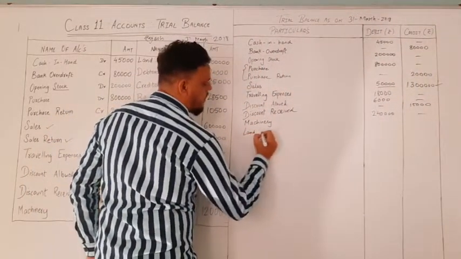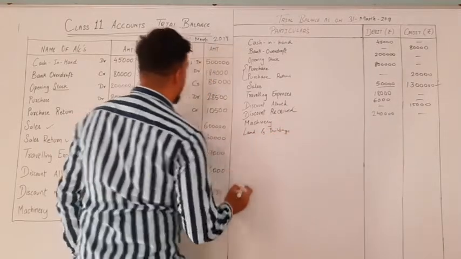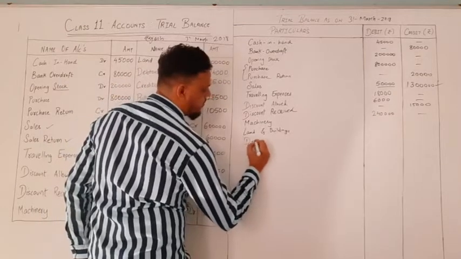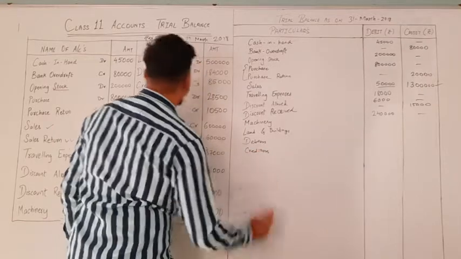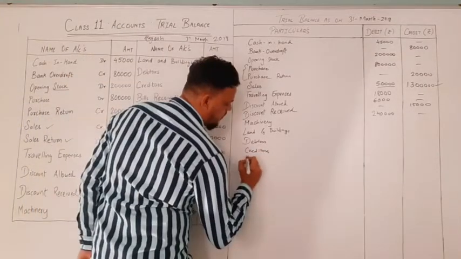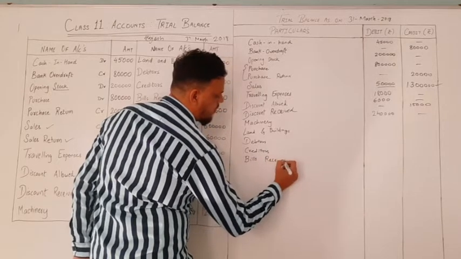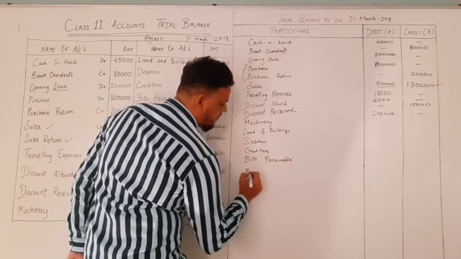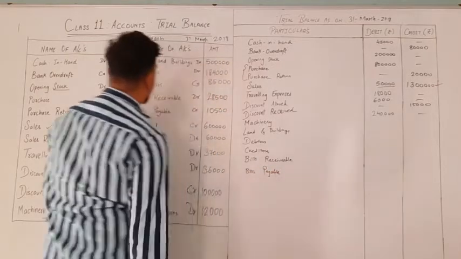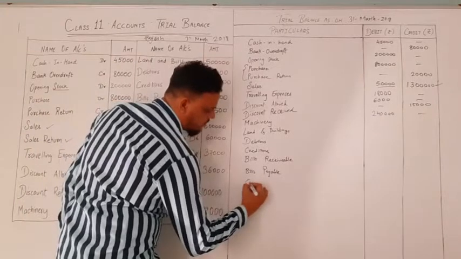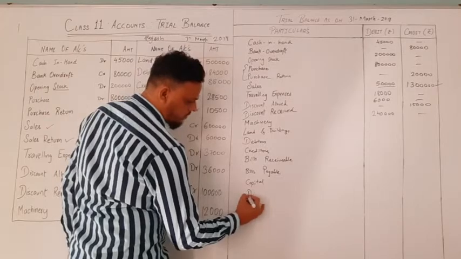Now land and buildings, then debtors, then creditors, then bills receivable, then bills payable, then capital, then drawings.